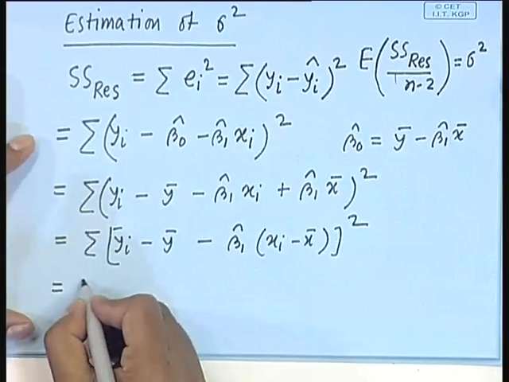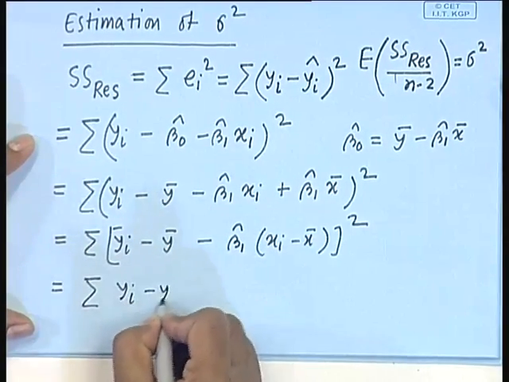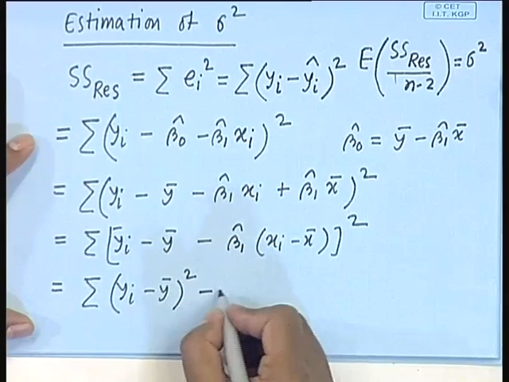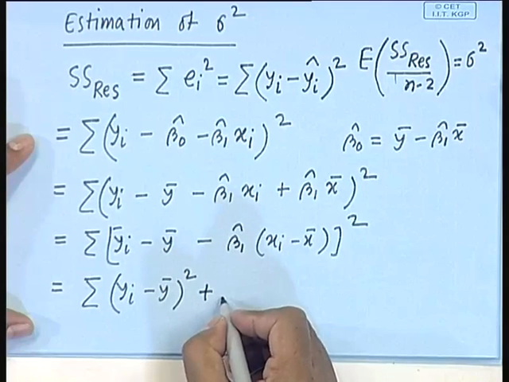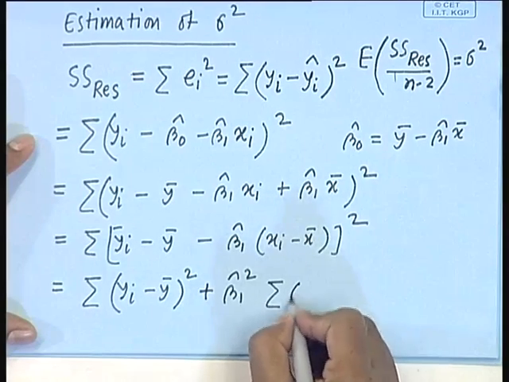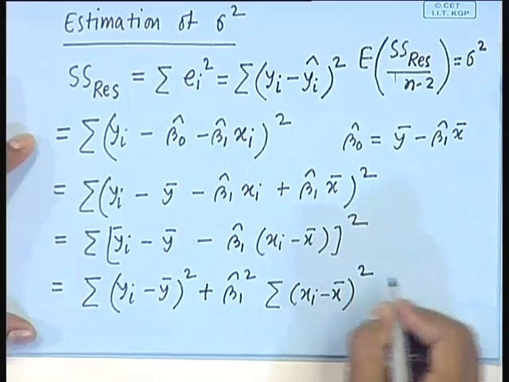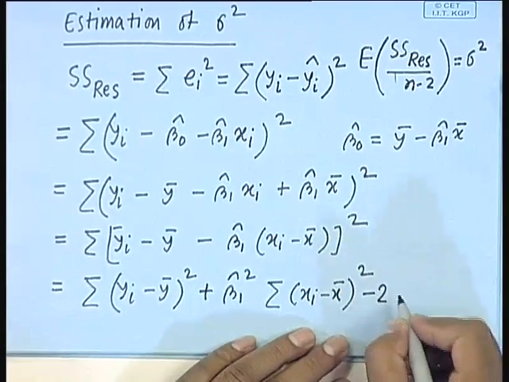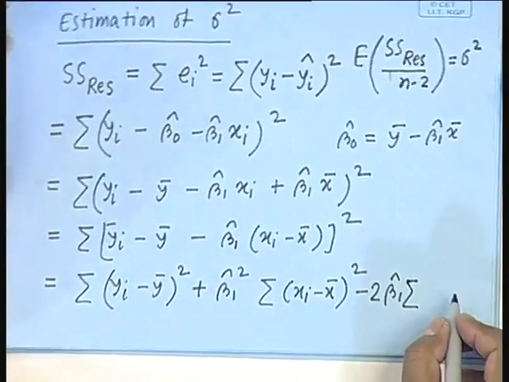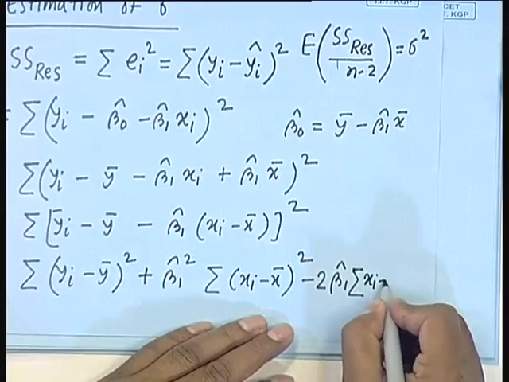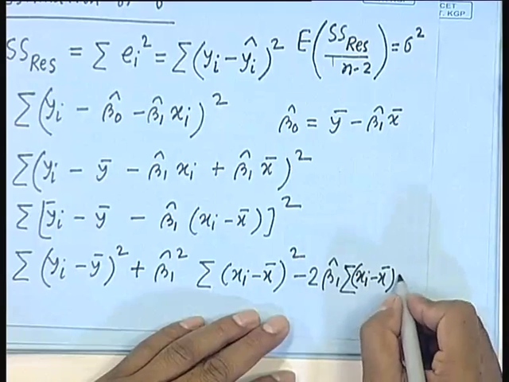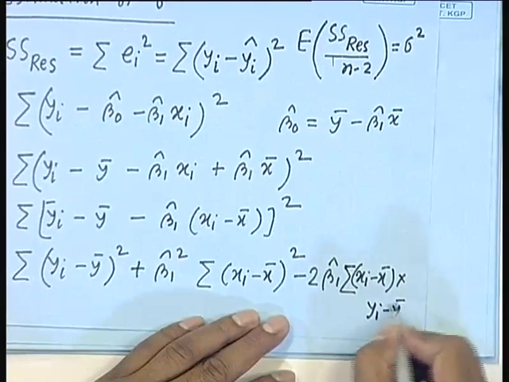Now, this can be written as summation yi minus y bar whole square, plus beta 1 hat square summation xi minus x bar whole square, minus 2 times beta 1 hat summation xi minus x bar into yi minus y bar.